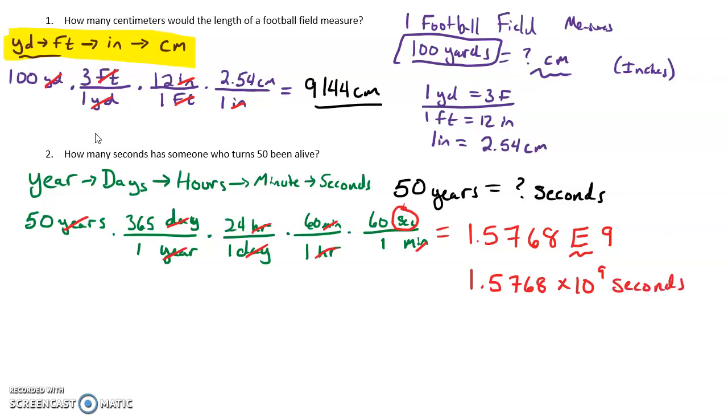Now, if we wanted to write that out as a whole number, we would take this 1.5768 and move the decimal to the right 1, 2, 3, 4, 5, 6, 7, 8, 9. We'd fill in some zeros, so it would be 1,576,800,000 seconds.